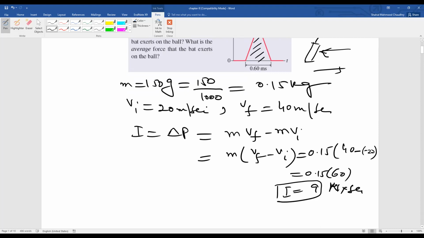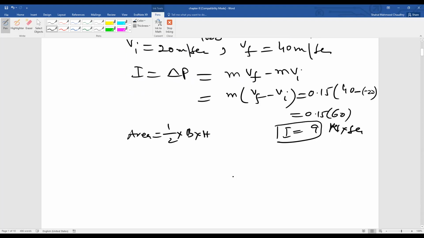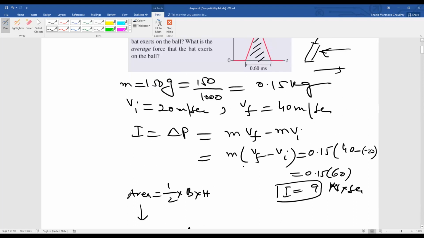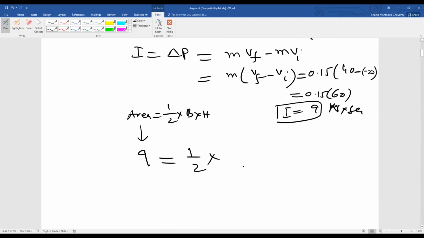Now find the area. Area is what? 1/2 into base into height, because this is a triangle. The area shows the impulse, and this is 9. And 1/2 into base. Base means the time. The time is 0.6 millisecond. So you will put here 0.6 into 10 raised to power minus 3 into height.